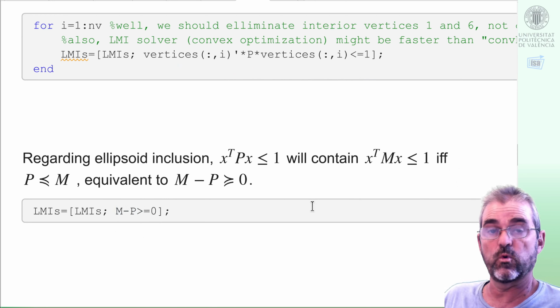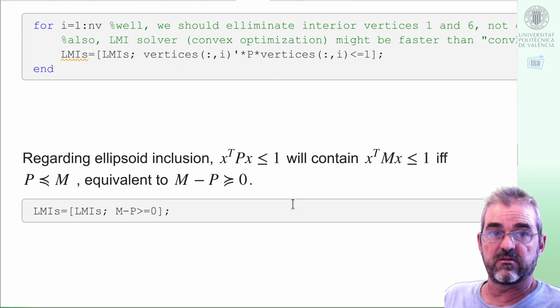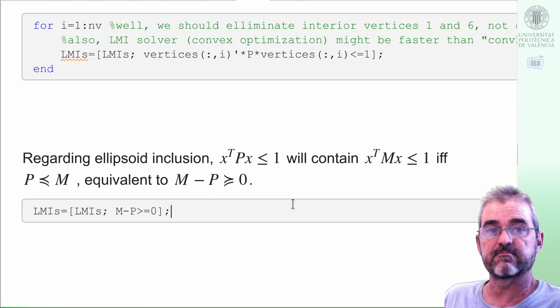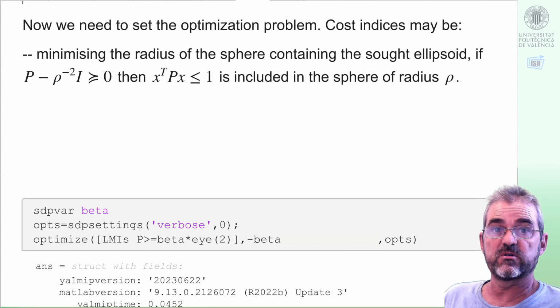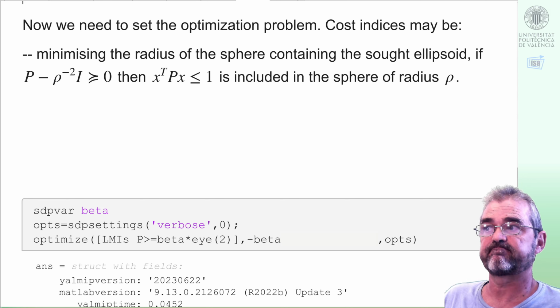So good, we have all LMI constraints, and now defining the problem statement: my ellipse must enclose the polyhedron, and we must encode the fact that we wish the smallest possible ellipse. In this first video, we'll understand as smallest the ellipse that fits in the smallest sphere, so the largest semi-axis of the ellipse must be made as small as possible.